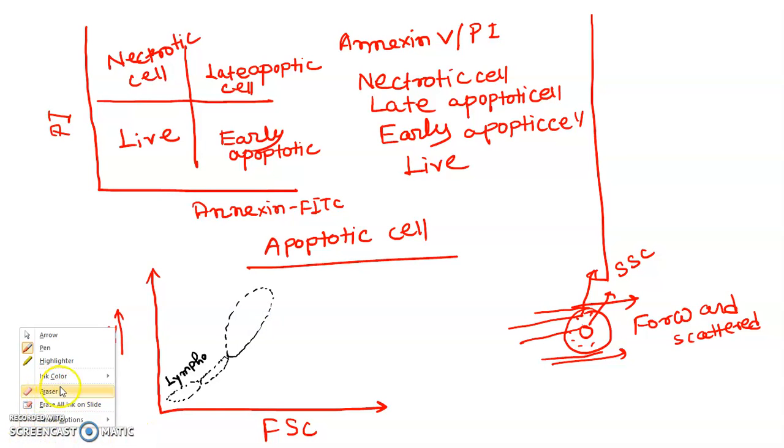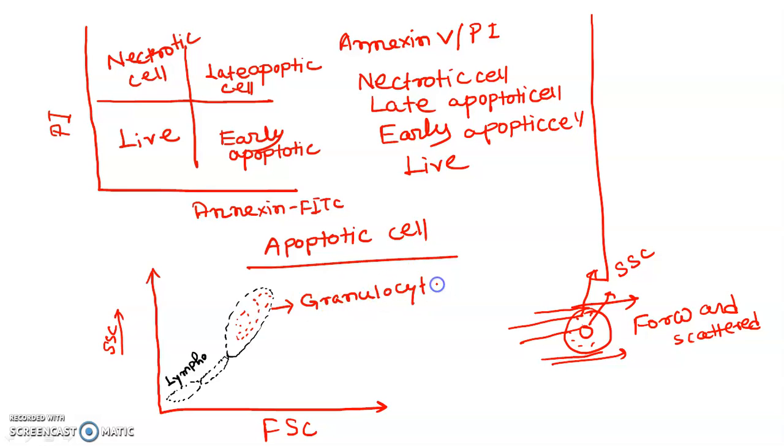Granulocytes, like neutrophils; in our blood cells the highest number is neutrophils. So neutrophils or granulocytes will come here. These are monocytes, and these are lymphocytes. So the first is lymphocytes, these are monocytes, and these are granulocytes, right?